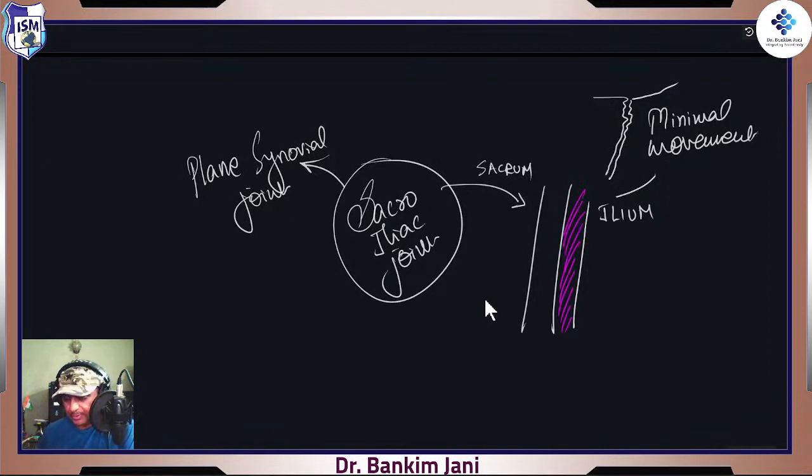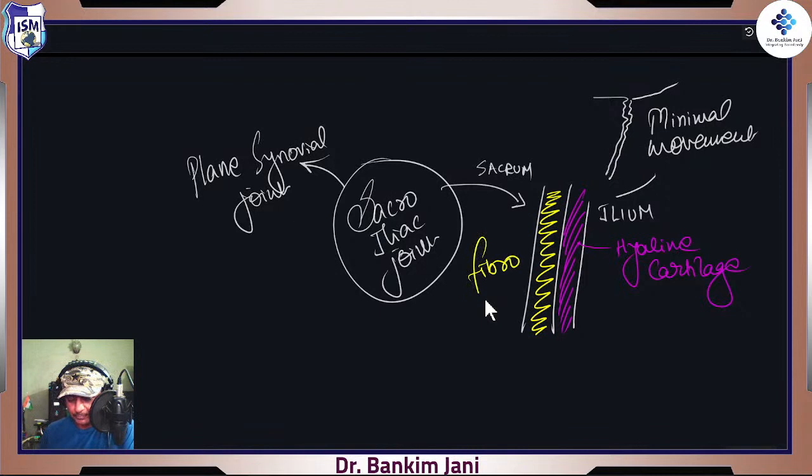From the ilium side, it would be hyaline cartilage. And on the sacral side, right, it would be fibrocartilage.